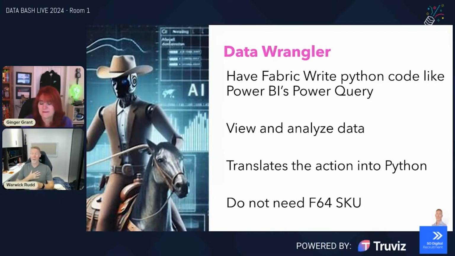Now I'll own up right now: my Python code is terrible, but Data Wrangler makes that a whole lot easier for me to easily generate code, and view and analyze that data inside of the workbook, and go, you know what, inside of Wrangler, I'm going to generate the code that I need, and it can place it straight into my notebook cell. And the beauty of this, we don't need an F64 SKU.